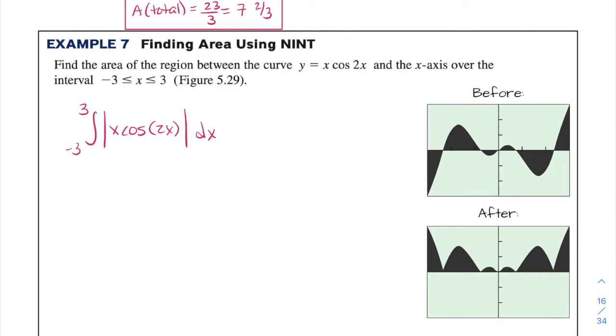Math again, number, absolute value, x cosine 2x, close parenthesis, dx, we get, well, it takes a long time for it to calculate. It is still thinking. Wow, that took a long time.